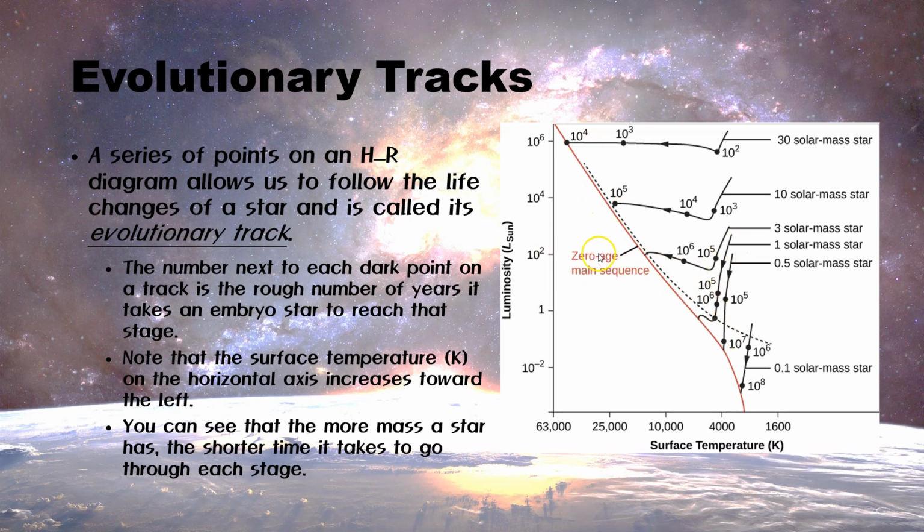So here we have a zero-age main sequence. That is, of course, this line right here. And we can see, again, how it's going to move through that cycle. If I look at something more like a 3 solar mass star, you can see how that line is also going to change as we plot the evolutionary track.